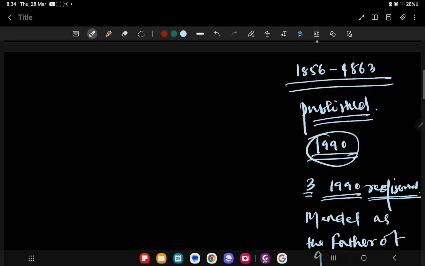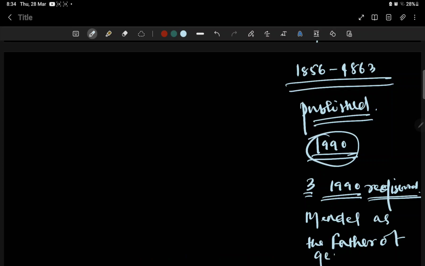They showed people that there were some extraordinary experiments which Mendel did, and he formulated 3 laws on this.